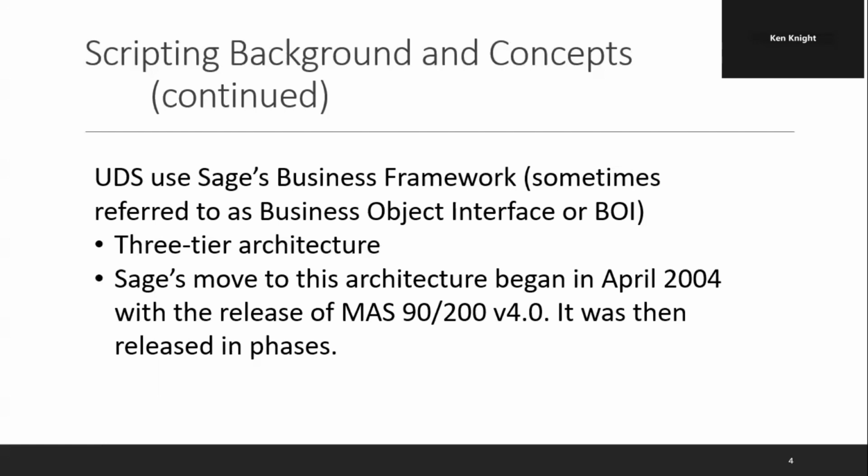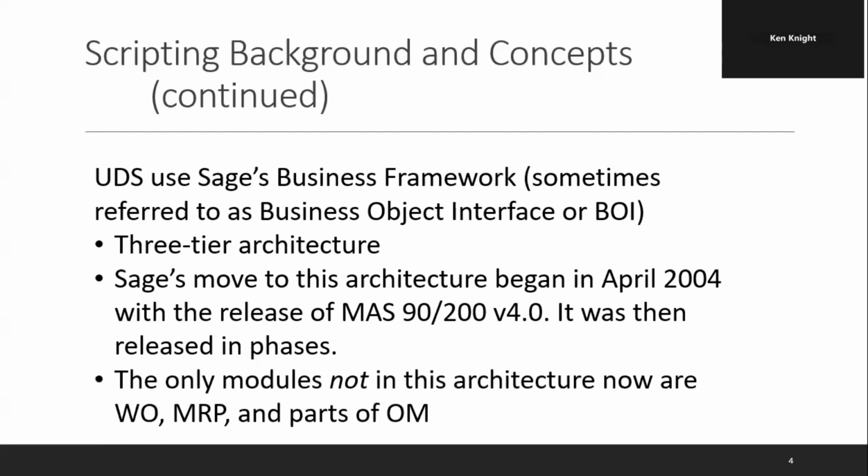With the release of 4.1, they released accounts receivable, sales order, and inventory in this new three-tier architecture. With 4.2, they released accounts payable and purchase order in this new architecture, on and on and on.